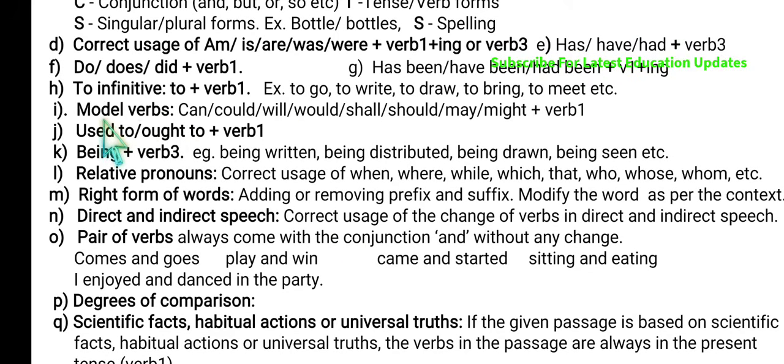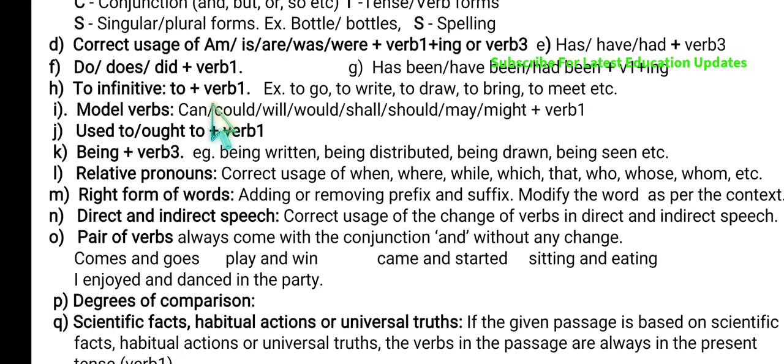Here, please, dear viewers, note the spelling correction: MODAL, not MODEL, right? This is a typographical mistake. This is modal verb, MODAL. Please, it will be retyped.